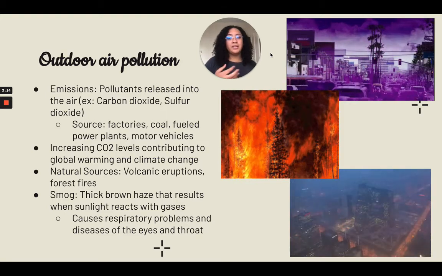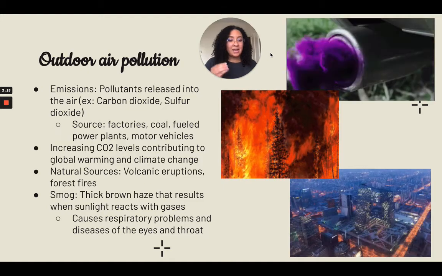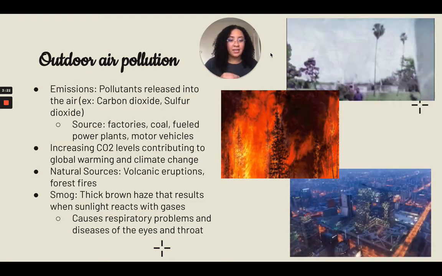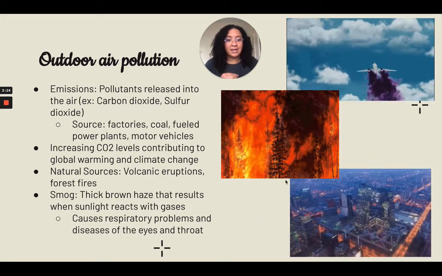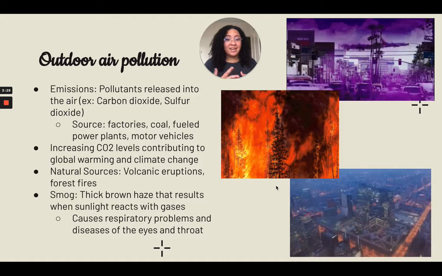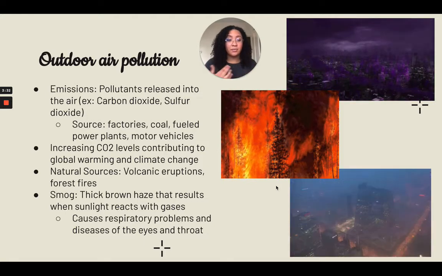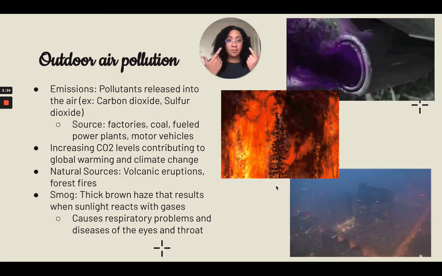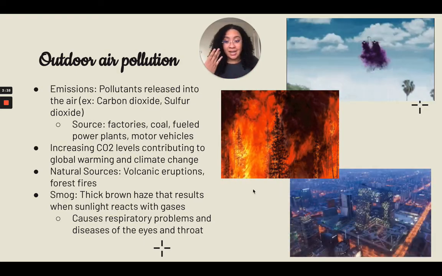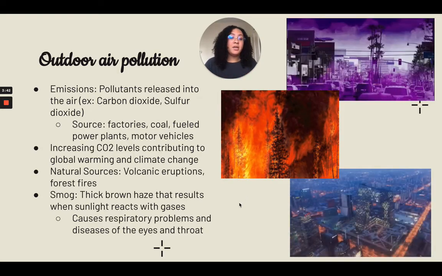Okay, so when the sunlight reacts with these gases, it creates that thick haze, you could hardly see the buildings in that city that's on this slide right there. And then it also causes respiratory problems, and it could cause diseases of both the eyes and the throat. So we breathe in that smog. We're seeing through that smog, so our eyes are contaminated with that as well. So it may cause issues with those things.